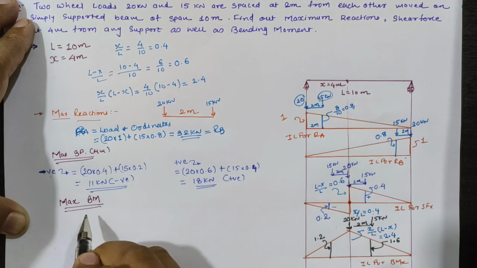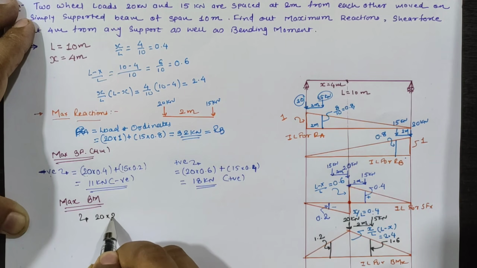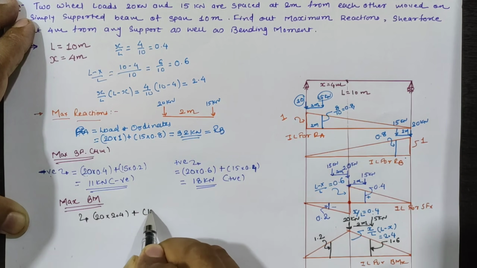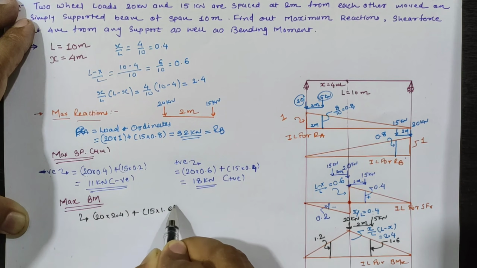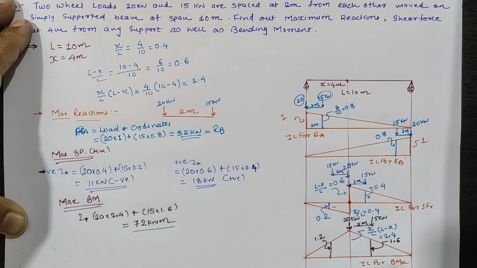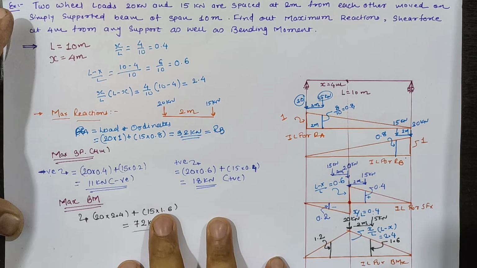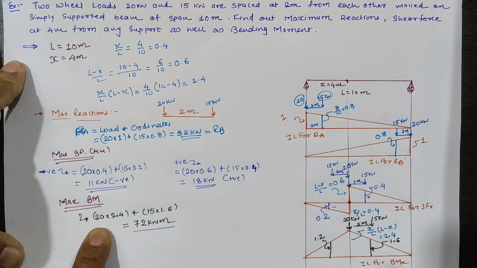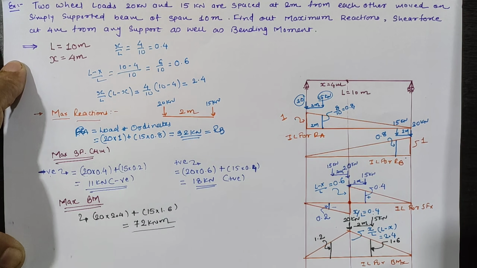Hence the maximum bending moment will be 20 into 2.4 as the ordinate plus 15 into 1.6, which is 72 kilonewton meter. So from the given data we can easily calculate the value of reaction, shear force and bending moment for a given particular location. Thank you.